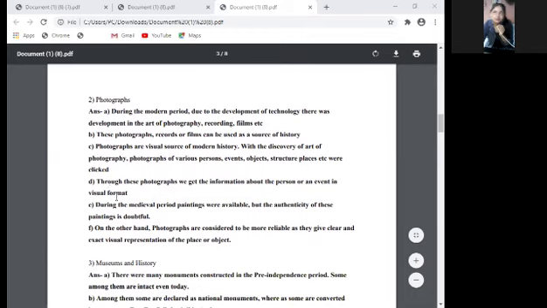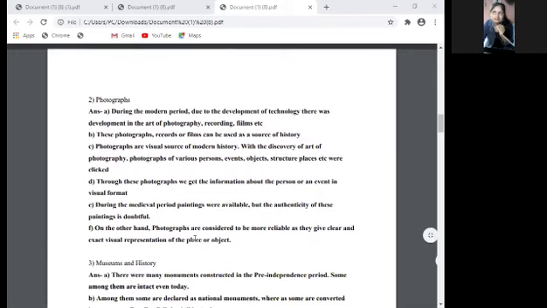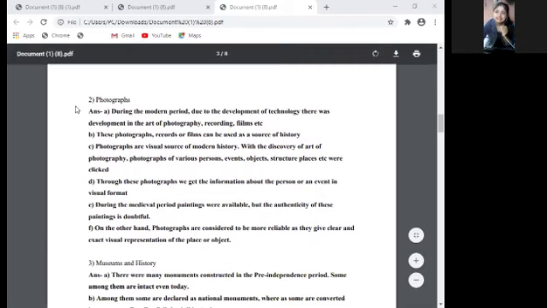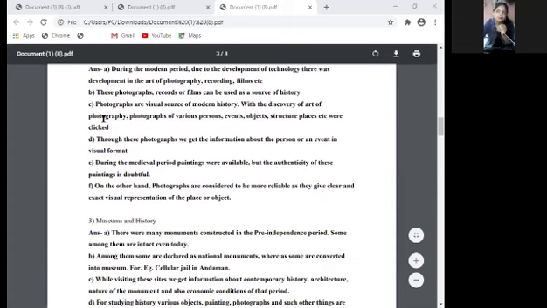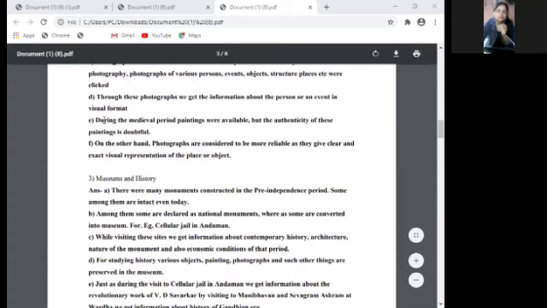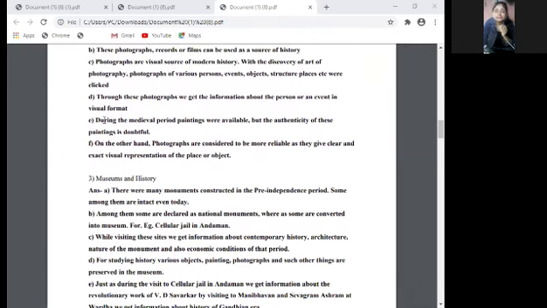This is an important word. During the medieval period, paintings are available, but authenticity of these paintings was doubtful. On the other hand, photographs are considered to be more reliable as they give clear and exact visual representation of a place or an object. So if you've written complete words with spelling correct, then you get 3 marks. If you have made spelling mistakes, then you keep deducting 1/4 mark for each spelling mistake.